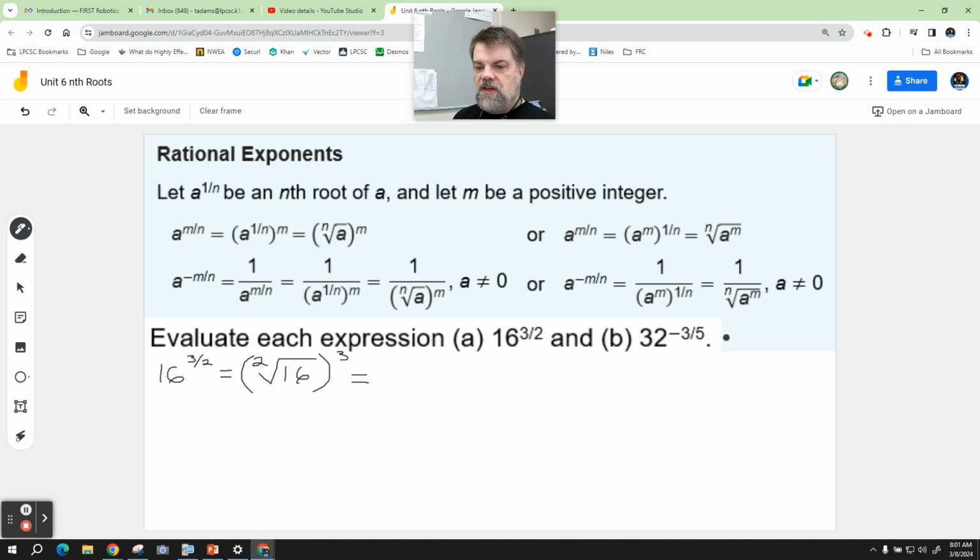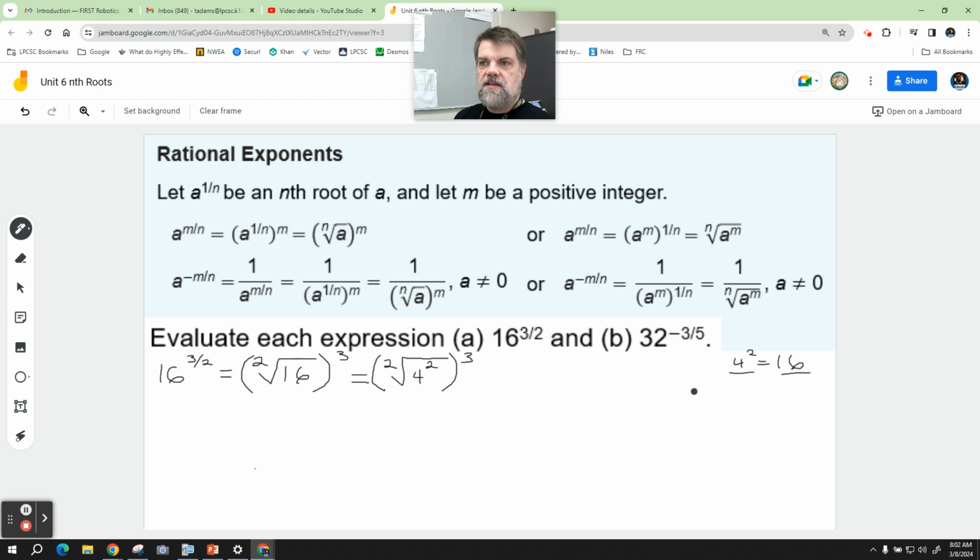So remember that 4 squared is equal to 16. So that's actually equal to the square root or second root of 4 squared raised to the third power. So I'm substituting in 4 squared for 16. Okay?